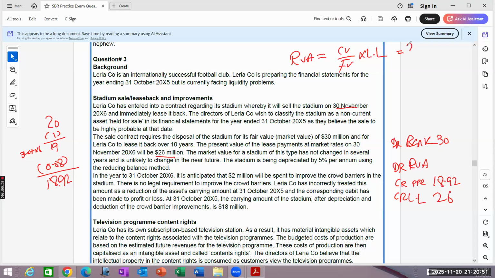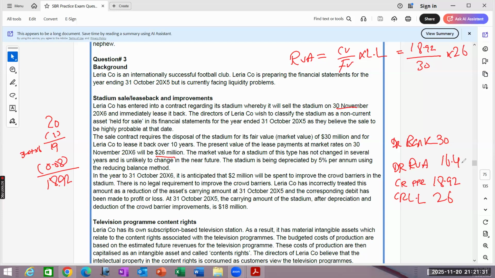The carrying value is 18.92, divided by fair value 30, multiplied by lease liability 26. So the right of use asset will be recognized at 16.4, a proportionate value.